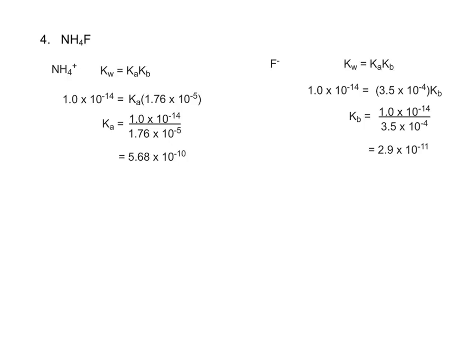And you can look those Kas and Kbs up in your book, and you will not be expected to know them. They would be provided to you. All right, and so then Kb is equal to 2.9 times 10 to the minus 11th. Okay, so since Ka is bigger than Kb, because negative 10 is a larger exponent than negative 11, then that tells us that this will be an acidic solution.